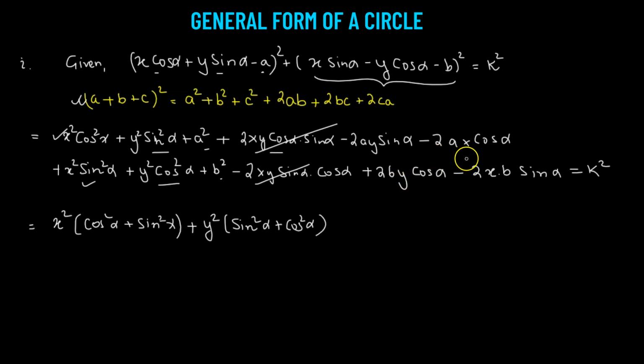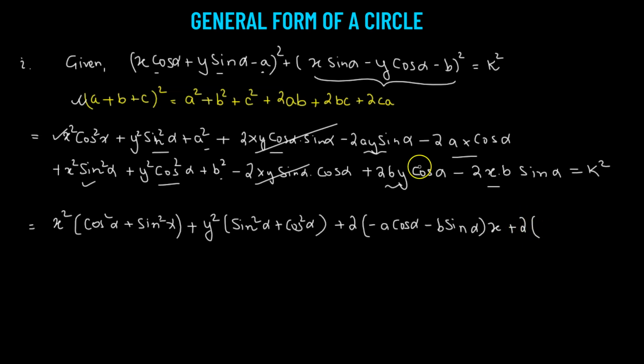First, let's combine the terms containing x. We take positive 2 as the common factor, multiplied by negative a cosine alpha minus b sine alpha, whole multiplied by x. Then we combine the terms containing y, again taking 2 as the common factor.